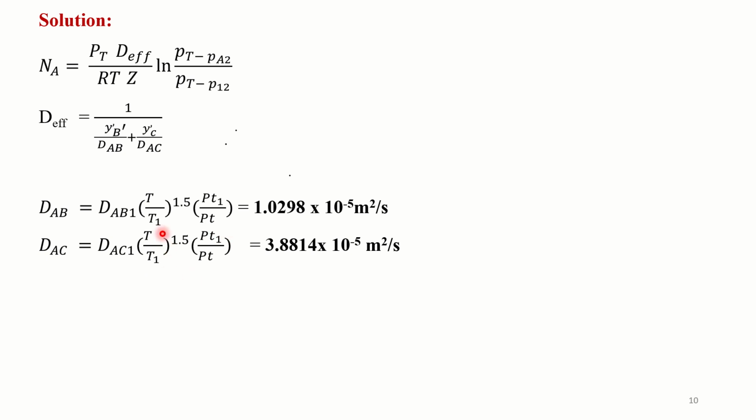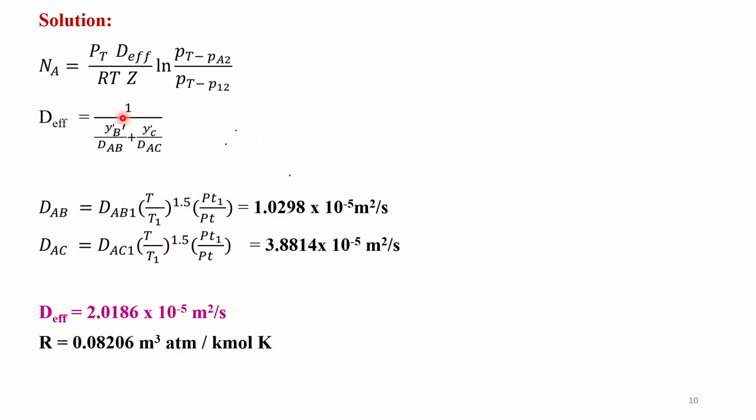The process takes place at temperature T and total pressure PT. So substitute these data and find the required DAC. After getting these data, substitute in this formula and find the effective diffusivity. Then substitute all the data in the molar flux formula and find the molar flux.